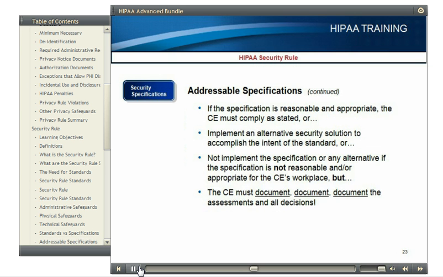If the specification is reasonable and appropriate, the CE must comply as stated, or implement an alternative security solution to accomplish the intent of the standard, or not implement the specification or any alternative if the specification is not reasonable and/or appropriate for the CE's workplace, but the CE must document the assessments and decisions.